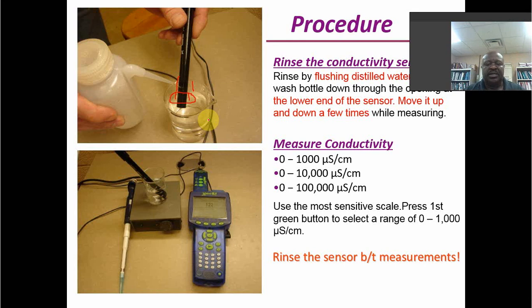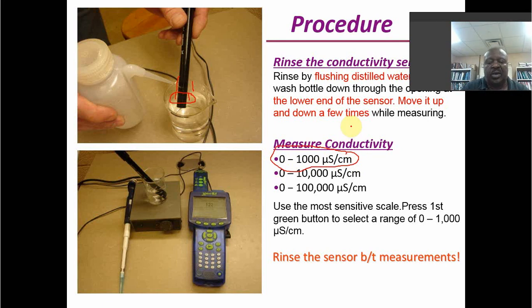And to make sure that everything is homogeneous, that is, the solution is the same inside where we're measuring and outside, we not only have to mix the solution, we've got to pull the probe up and down. The conductivity sensor has 3 ranges in microsiemens per centimeter: 0 to 1,000, 0 to 10,000, 0 to 100,000. You always begin here, and if it floods, then you go to the next one, and the next one.